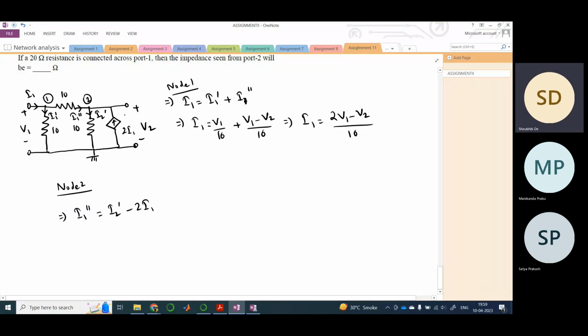This is coming into I2 dash, right, into this path, therefore this is minus. So again, if we substitute, V1 minus V2 by 10 equals V2 by 10 minus 2I1. So let us directly substitute this here.